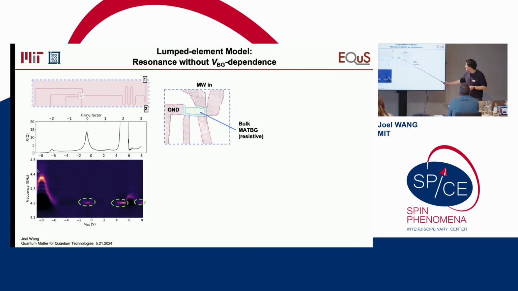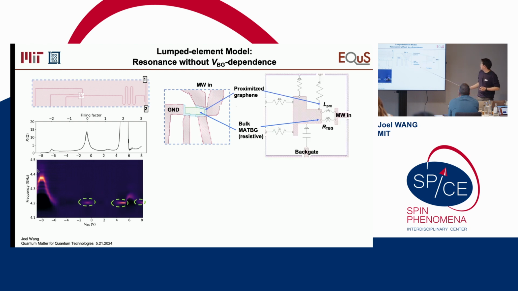That forms some kind of weak link and small superconductor that also contributes to the inductance of the devices. Therefore, we can model these devices as one resistor in parallel with another inductor that is shunting the entire microwave resonator.